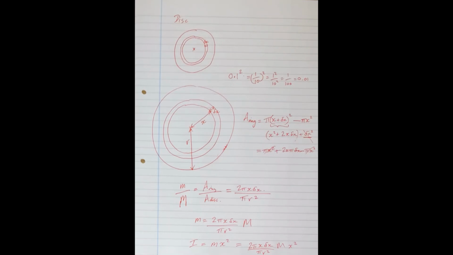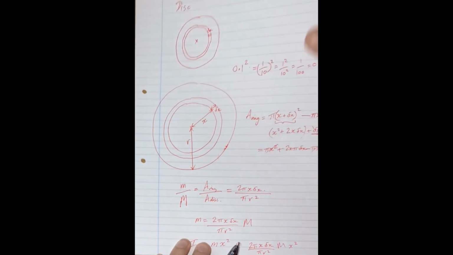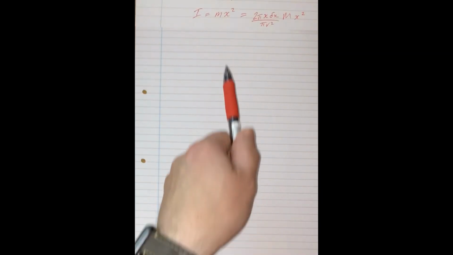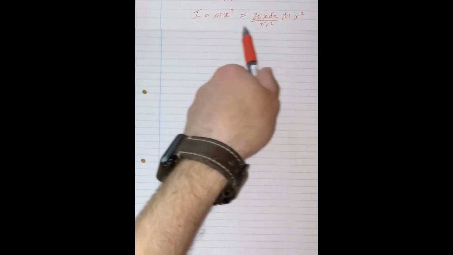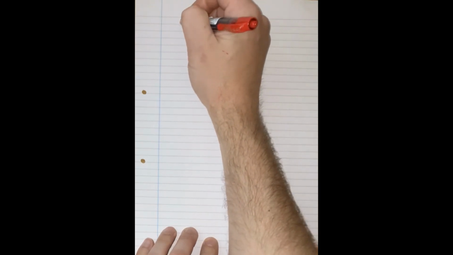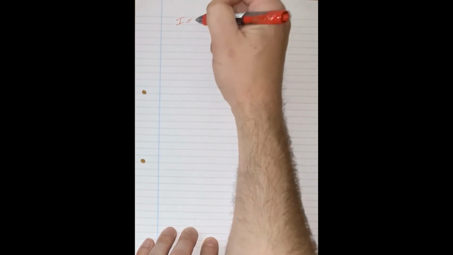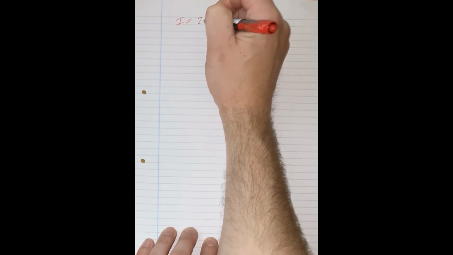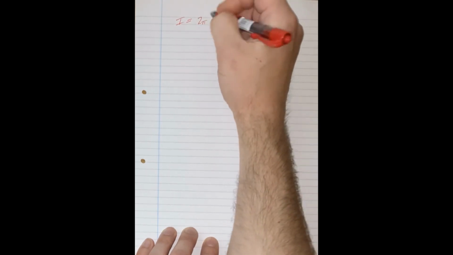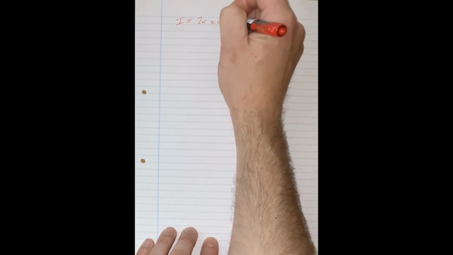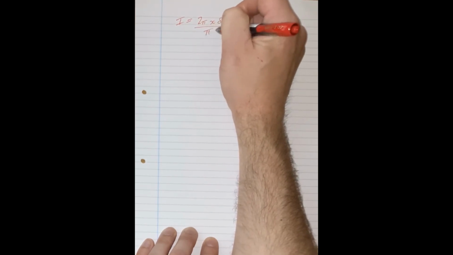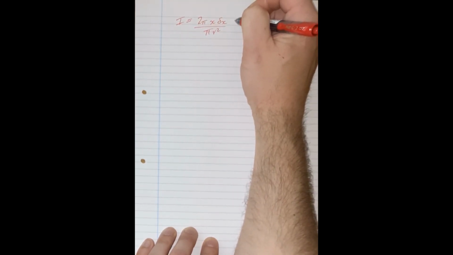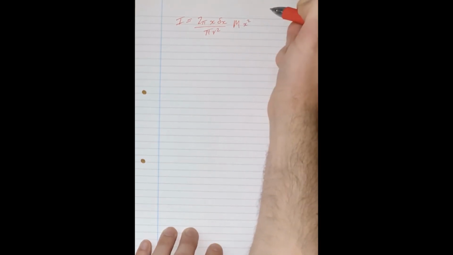And then I'm just going to turn to the next page. Try to keep that in shot for now. So if you just remember this, I'm going to rewrite it now at the top line here. So we've got the moment of inertia, just thinking in terms of just that very small ring within the disk, is going to be 2 pi x delta x over pi r squared m x squared.